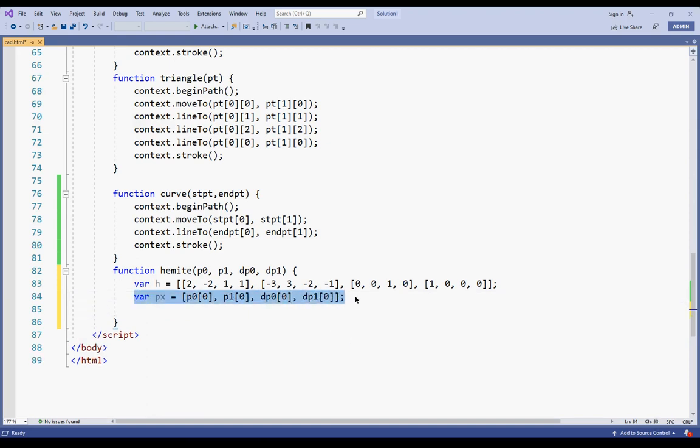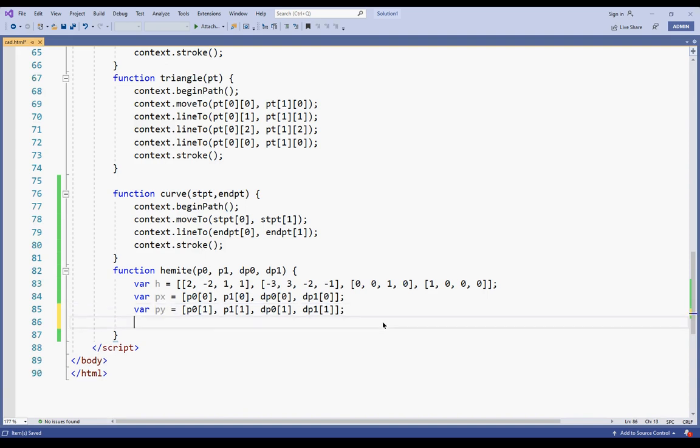So let's copy this and create Py, and I just need to replace this with 1, so the second one is the y coordinate. This is how I'm going to have my x coordinate as well as my y coordinate. Now I create a matrix called mx.